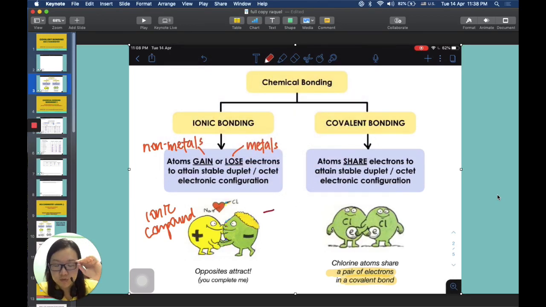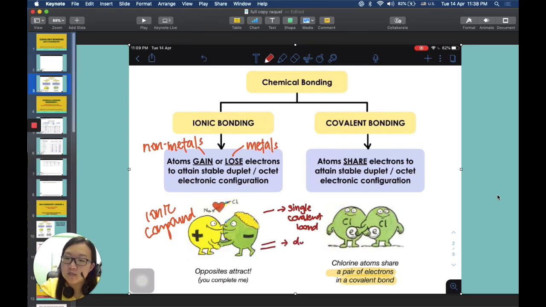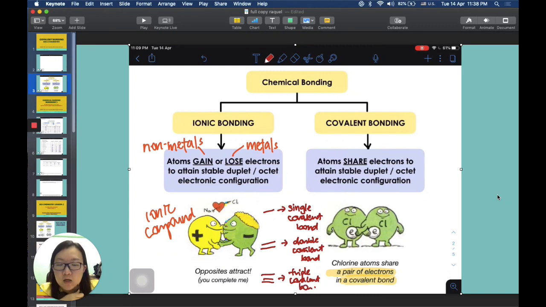Later on when we look at specific examples, it will become a lot clearer, but right now I just want you to jot this down at the side. If you see a single line representing a single covalent bond, that means that 2 electrons are shared. Later we will see examples such as oxygen gas, O2, which has a double covalent bond, so 4 electrons are shared.